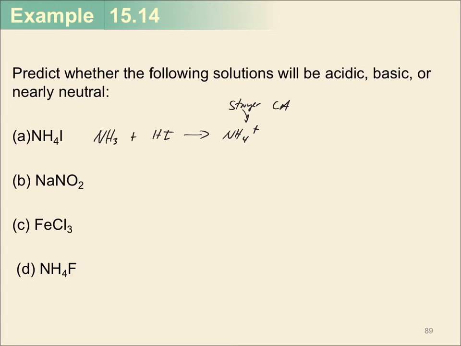So the solution is going to be acidic. Sodium nitrite. That's sodium hydroxide, which is a strong base, plus nitrous acid, which is a weak acid. So the NO2 minus ion is going to be a stronger conjugate base. Therefore, the solution is going to be basic.